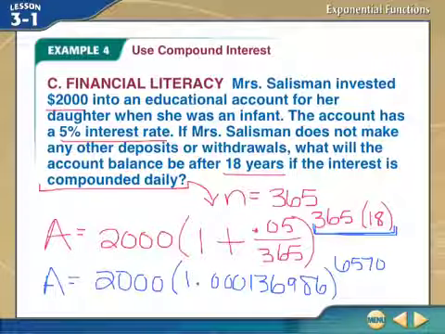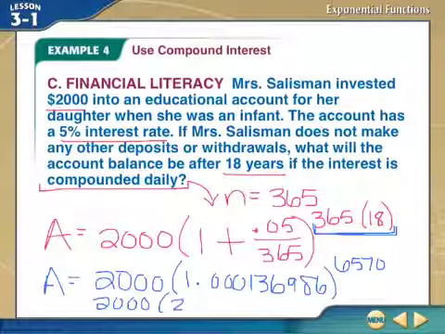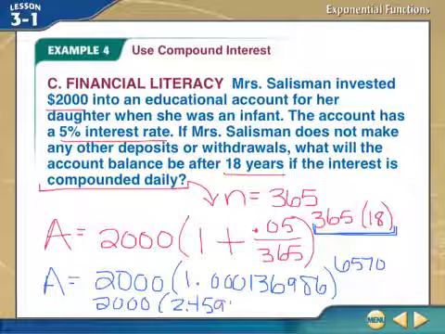Now, what I'm going to do is raise 1.000136986 to the 6,570th power, and I get 2.4594515. So I'm going to have 2,000 times 2.459451511.